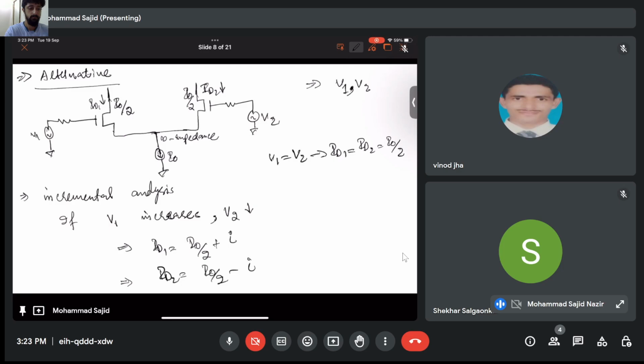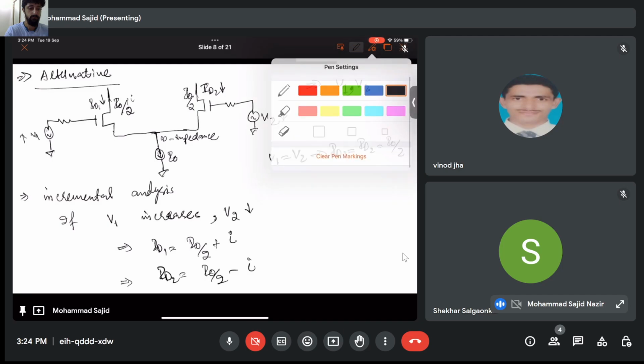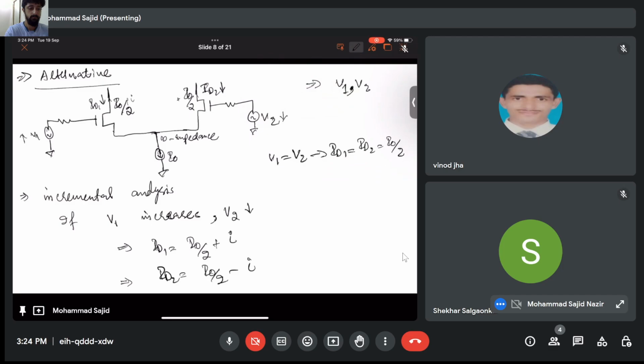So if V1 increases and V2 decreases, the current flowing through this branch plus the current flowing through this branch has to be totally equivalent to I0. So now if V1 increases, this current is I0 by 2 plus I, and so that means this has to be I0 by 2 minus I. So only in that case, your total current is I0 here, alright.